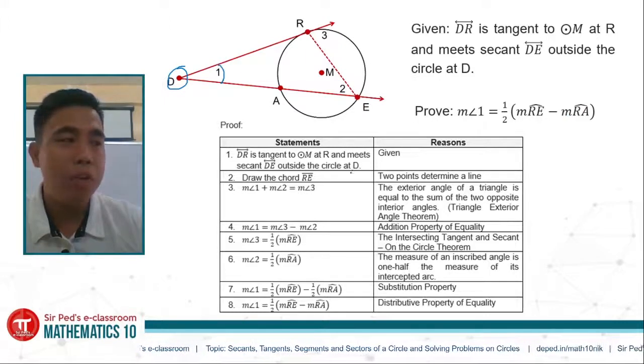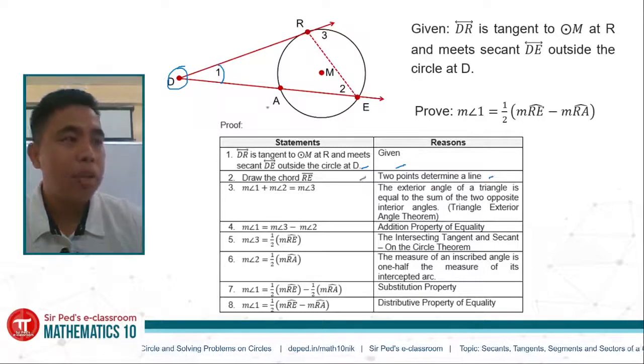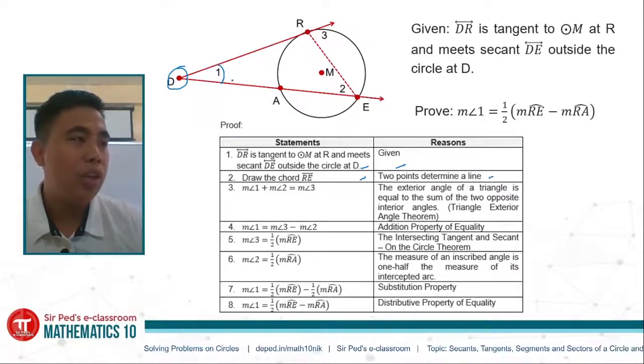So again, by two-column proof, we're going to write the given. Reason natin, given. Next, we draw yung point of intersection ng tangent and circle, point R, and connect it to point E. So reason, two points determine a line. Now, by the triangle exterior angle theorem, the sum of the measures of the remote interior angles is equal to the exterior angle of the triangle, angle 3.